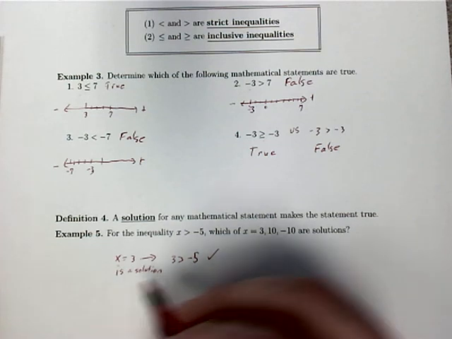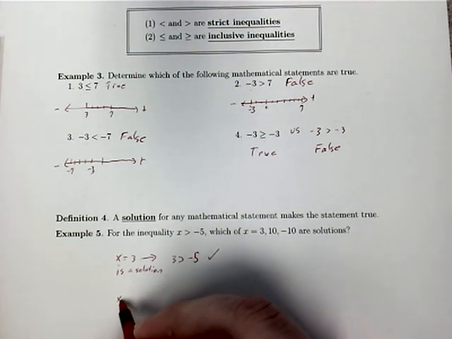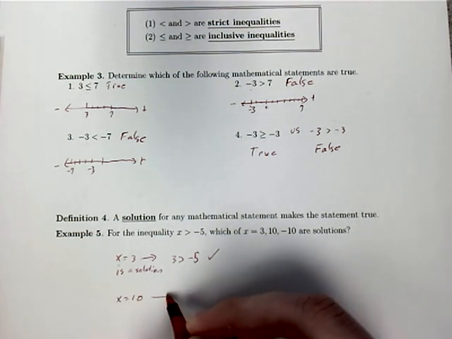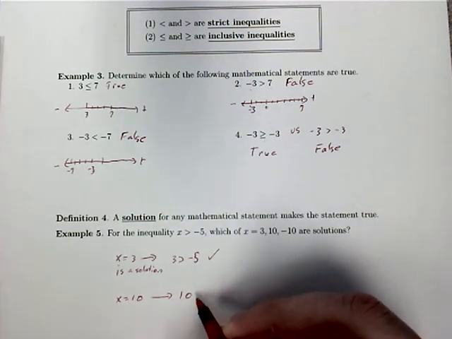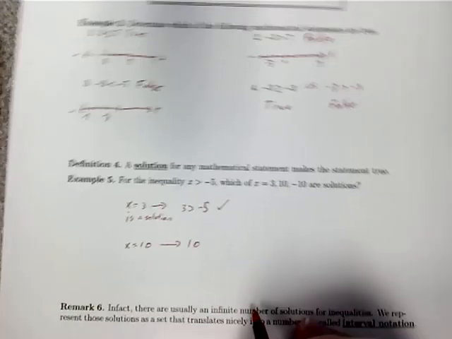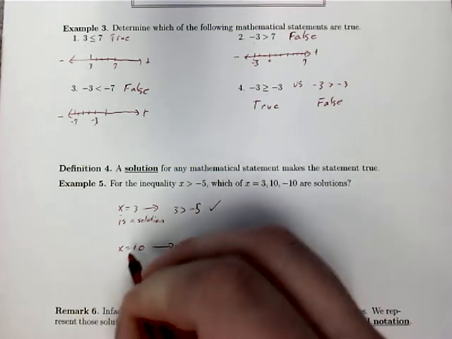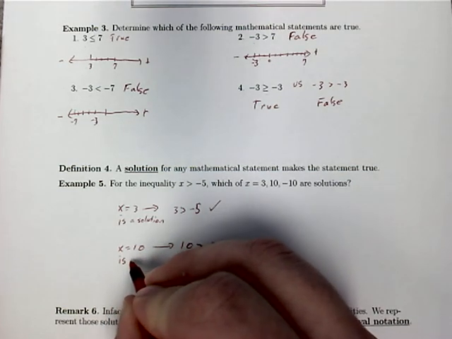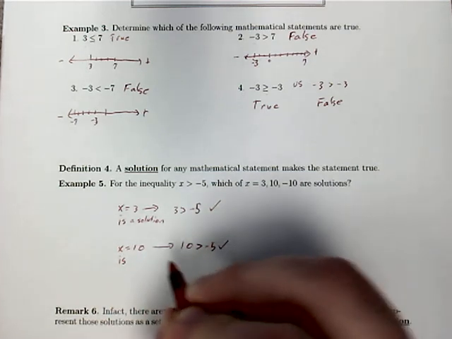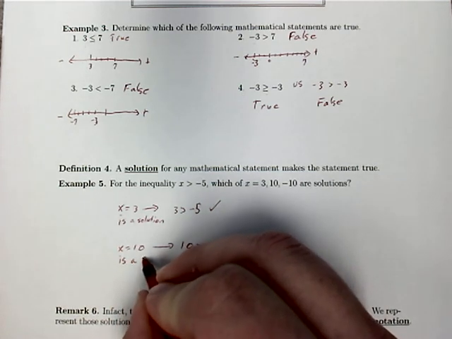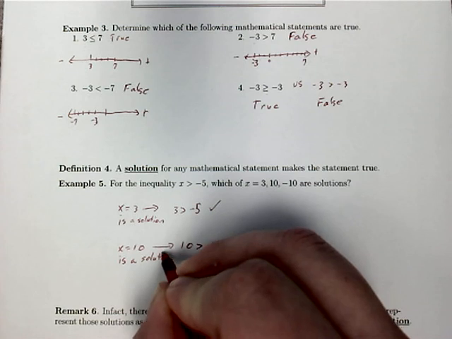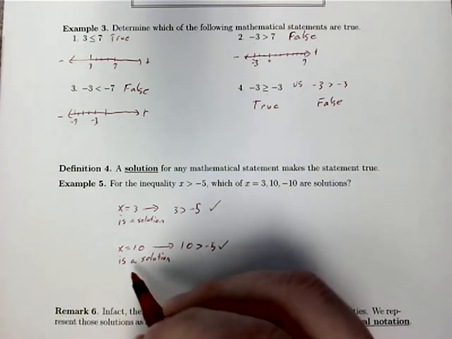Okay. What about x equals 10? Again, 10 is greater than negative 5. This is true. So again, since x equals 10 makes this a true statement, it is also a solution. Okay.